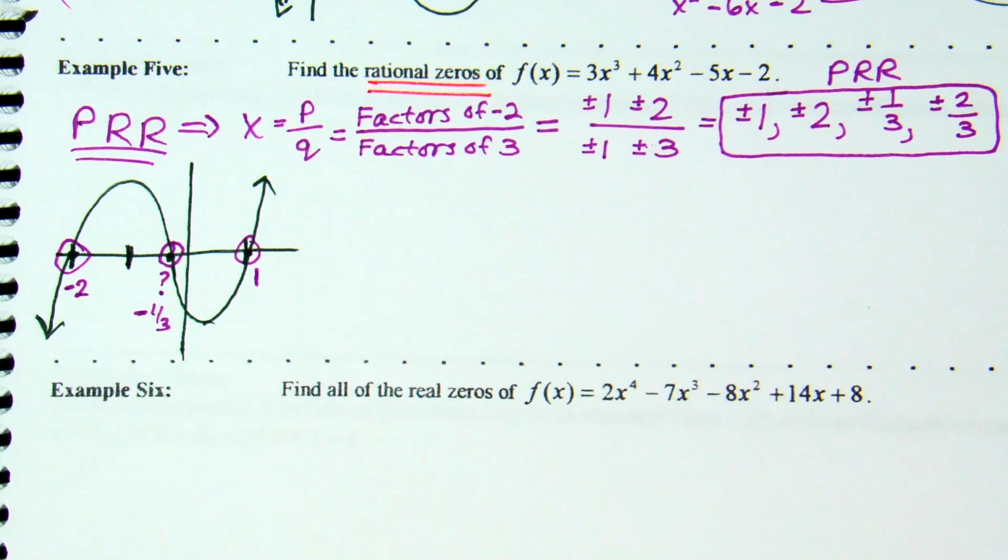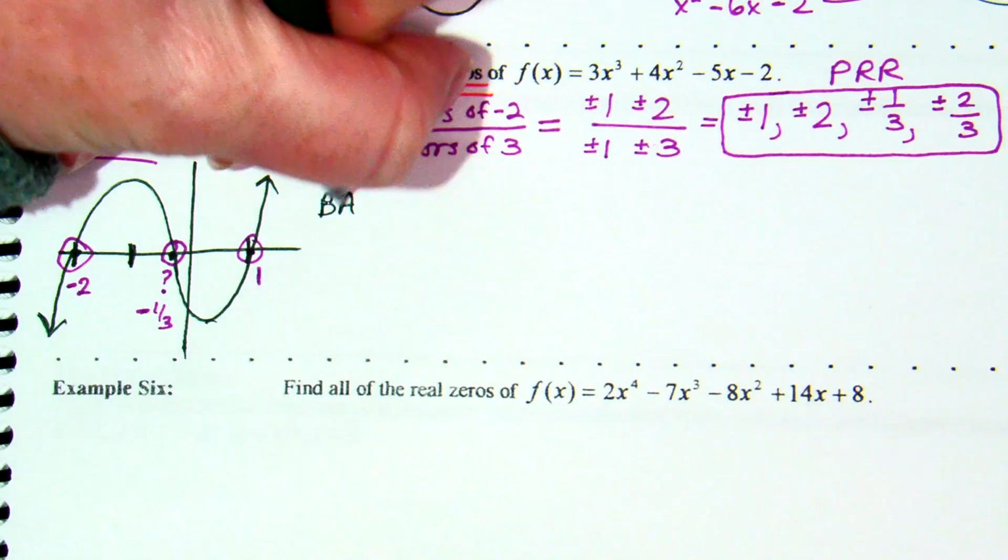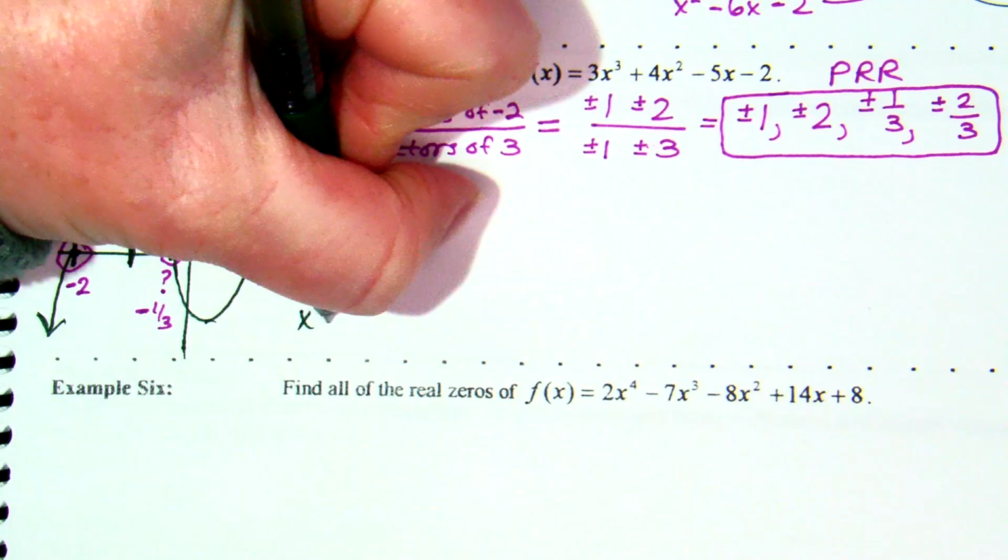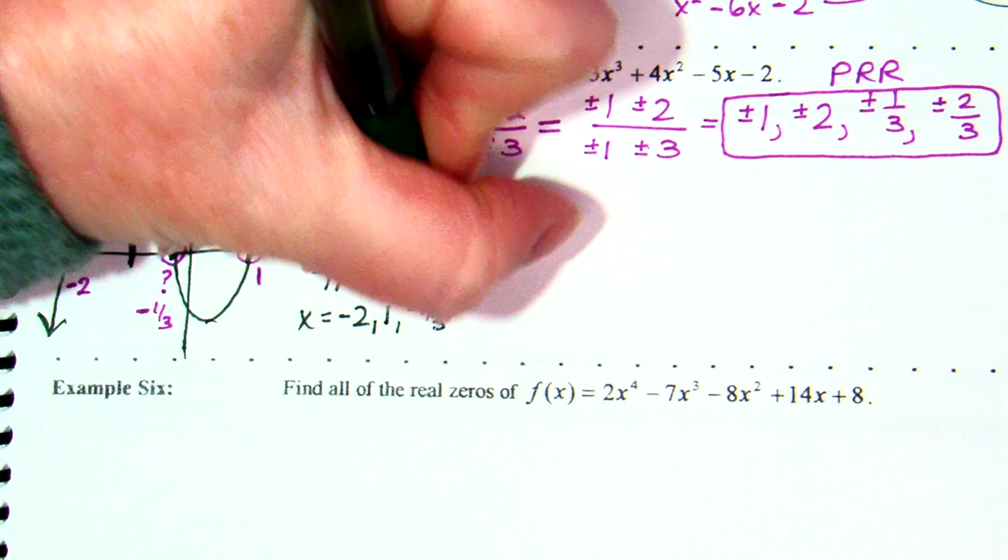And the thing is, if you try the wrong numbers, that is part of the process; sometimes you have to redo something. Okay, so I'm going to say, based on the graph, and I'm just writing this so when you look at it later, you have some inkling of what we did. Based on the graph, we're going to try x equals -2, 1, and maybe negative 1/3.